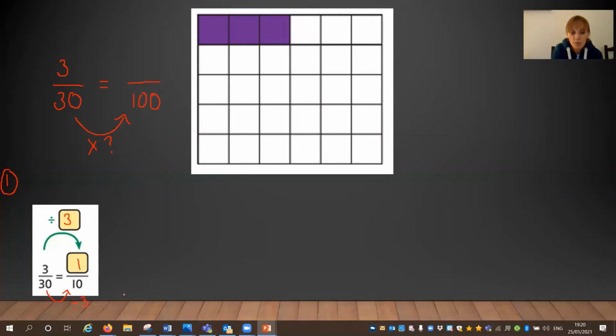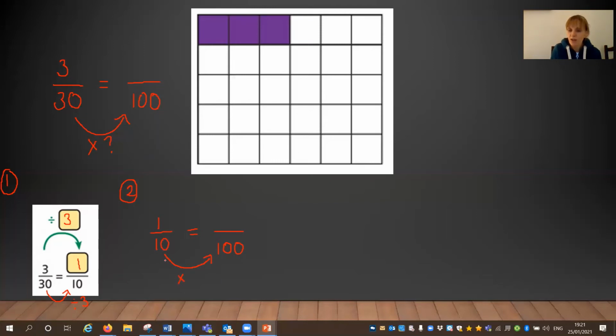Well, step 2 is that now we have put our fraction into tenths, what can I now definitely put my fraction into? I can change it into hundreds because 10 is a factor of 100, which means it can be multiplied by something to give 100.